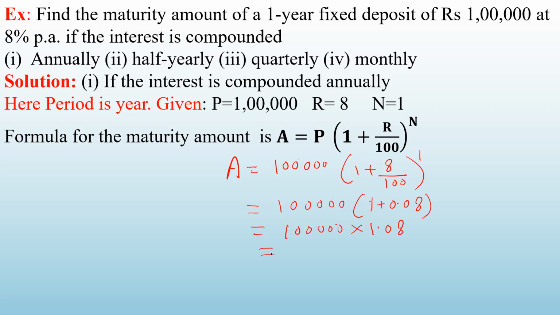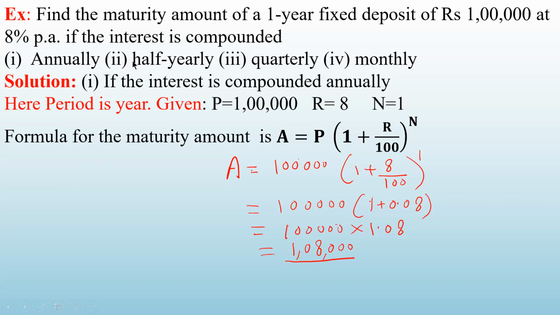So you will get 1,08,000. That means the amount at the end of 1 year is 1,08,000. This much is the amount you are getting at the end of 1 year if the interest is compounded annually. Let us go for the next one.